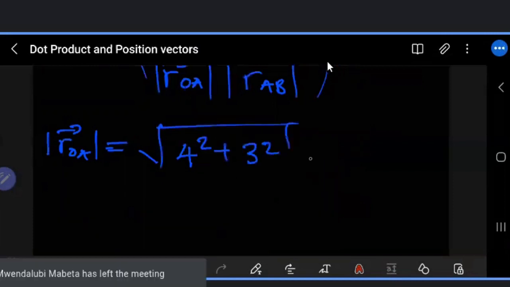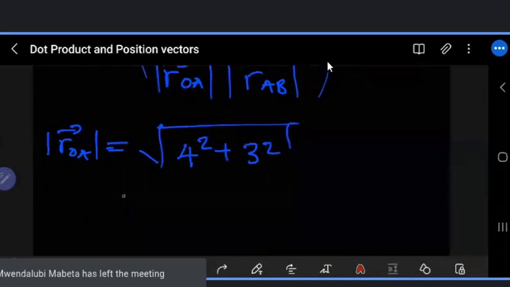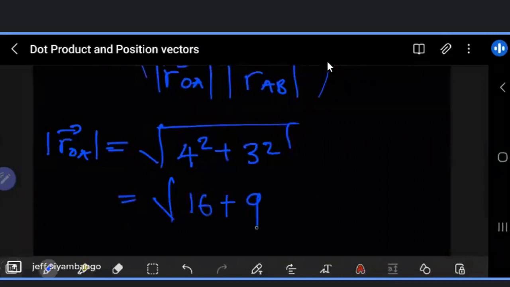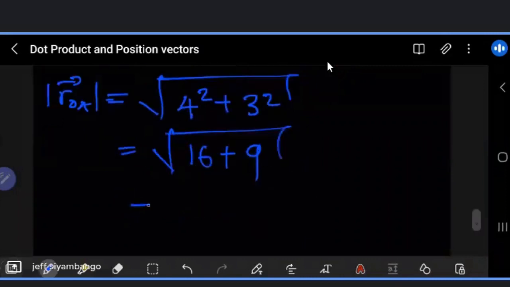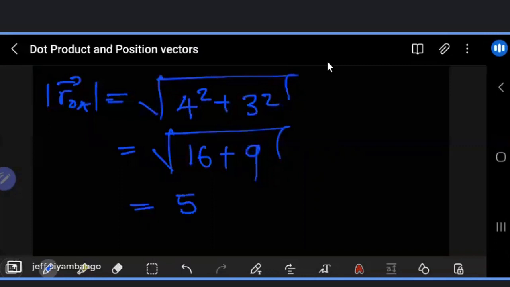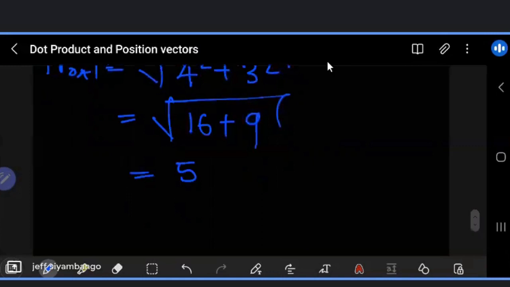So in the end, this is the square root of 16 plus 9, which is the square root of 25, and the square root of 25 is just a 5. So that is the magnitude of ROA. Next, the magnitude of RAB.